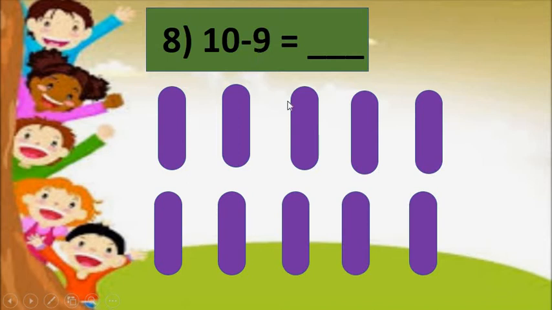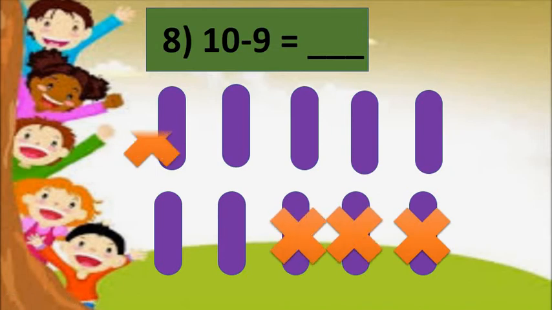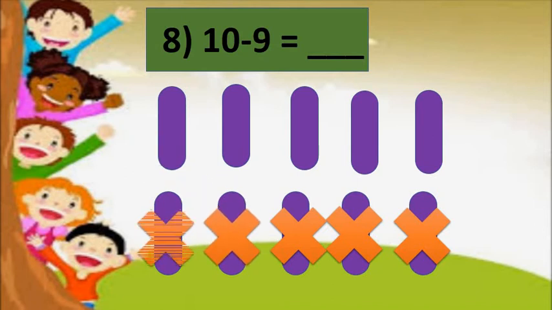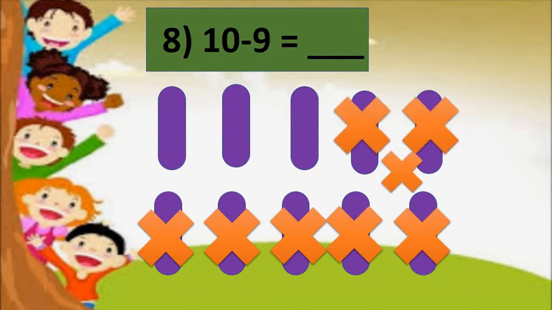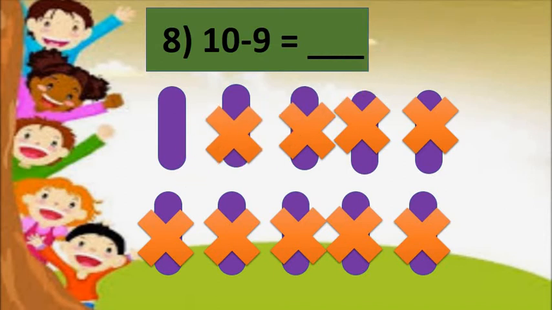Minus 9. Take away or cross out 9. 1, 2, 3, 4, 5, 6, 7, 8, 9. Now look at the board. How many objects are remaining there? 1. So we can say that 10 minus 9 is equal to 1.